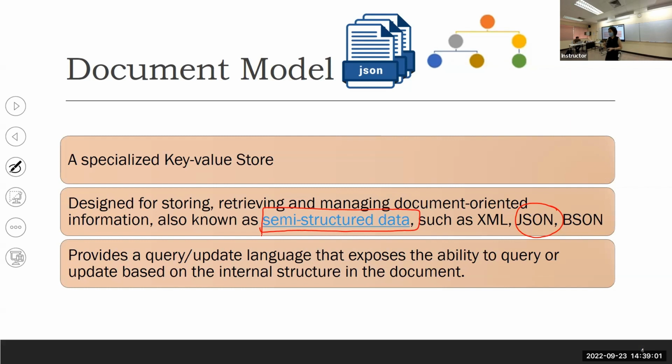and it gives us the opportunity to store, through this model, what we call semi-structured data. Remember from the very beginning of our class, we talked about well-structured data, semi-structured data, and unstructured data, right?